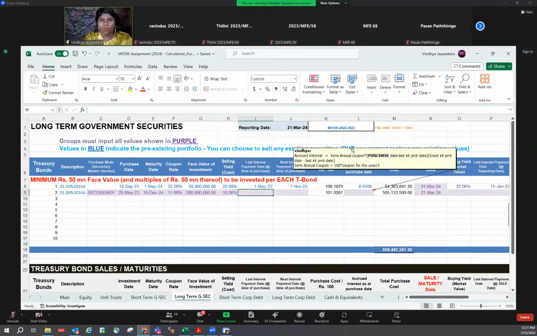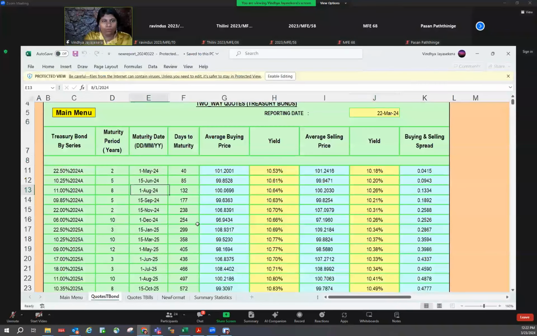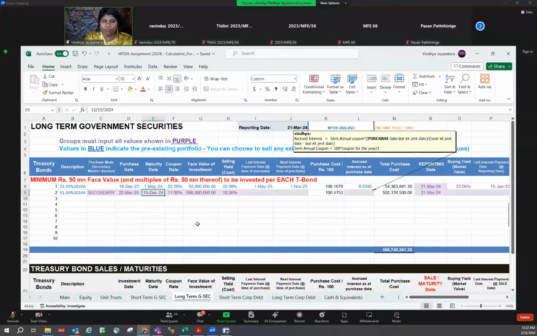And then it asks, okay, what is the last interest payment date and what is the next interest payment date? Last coupon, next coupon. So today I'm buying this bond on, did I enter that? When am I buying this bond? Purchase date. Purchase date is 22nd of March, right? I'm purchasing this bond on 22nd of March. So on the 22nd of March, this bond matures on, I didn't enter that one, 1st of August 24.